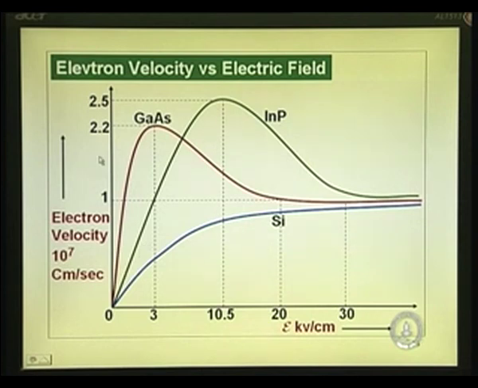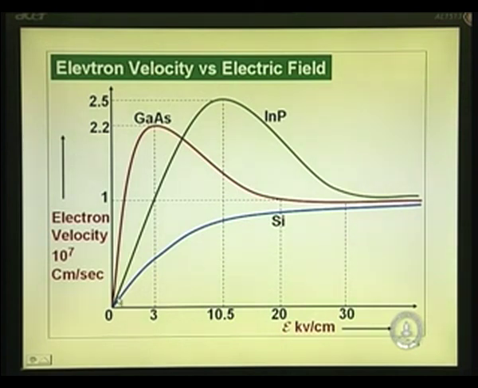Now, the transfer of electrons takes place here at 3 kV per centimeter, whereas the delta E in the case of indium phosphide is almost not double, at least this is 0.36, that is 0.53.